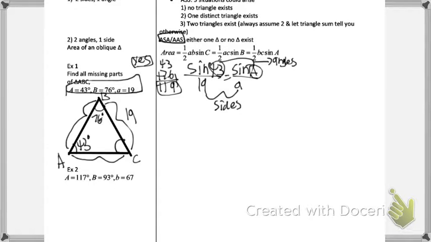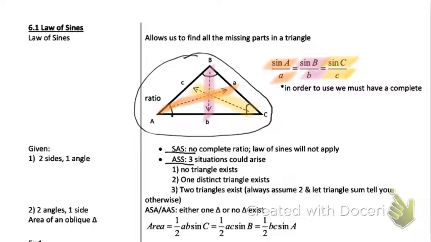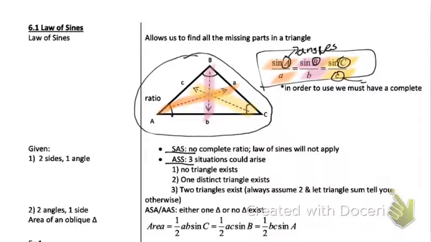Going back to the previous formulas, we see sine A over a, where the circled ones are angles and the lowercase letters are sides.